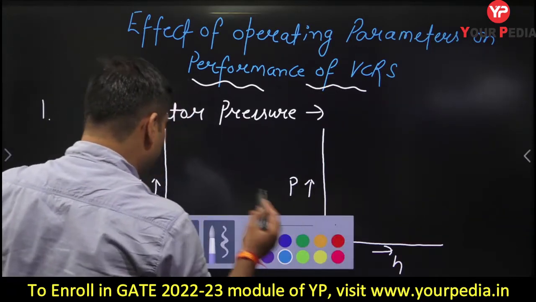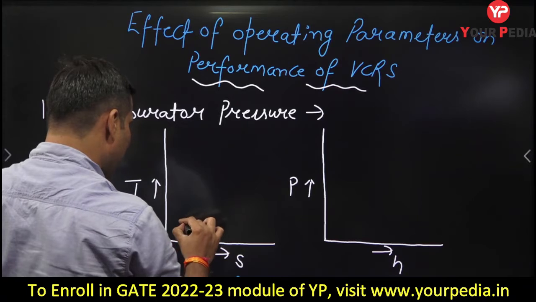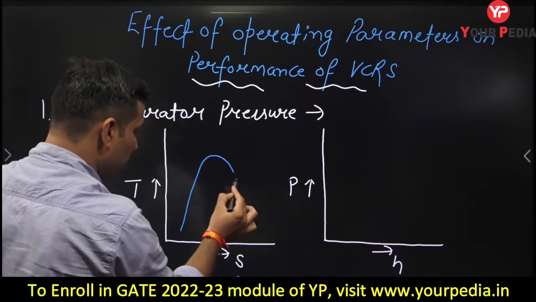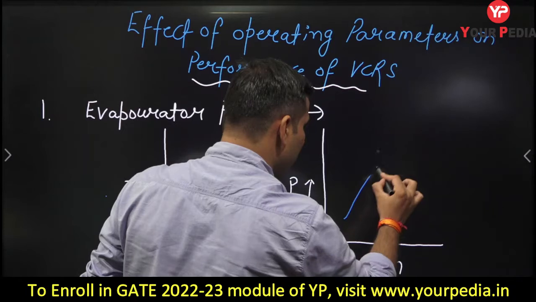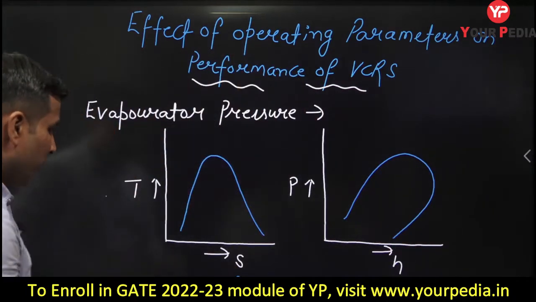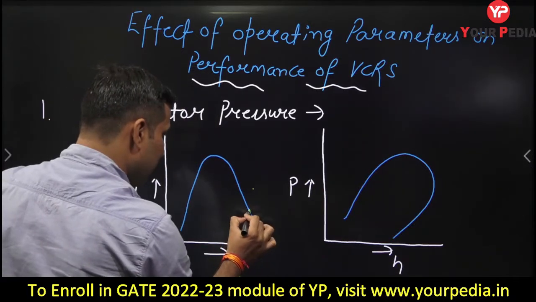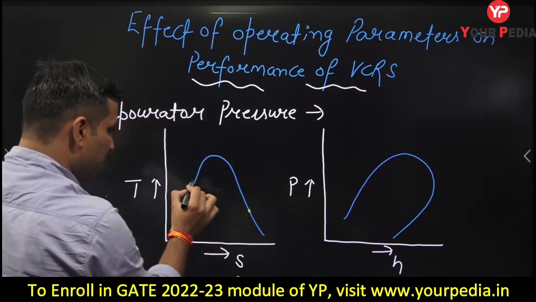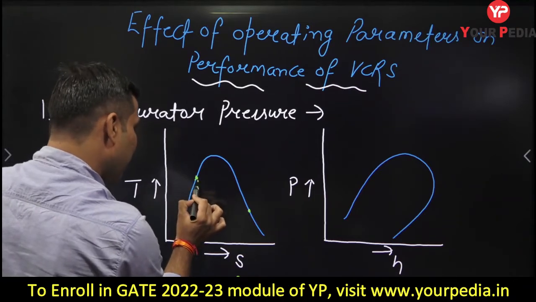For a type 1 refrigerant on the TS diagram, we will have a curve, some kind of symmetric dome. But in the pH diagram we have a dome something like this. If we talk about standard VCRS, this is the inlet to the compressor, this is the exit of the compressor, and this is isenthalpic expansion.